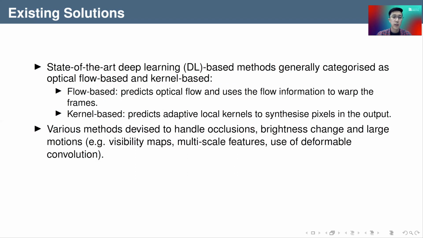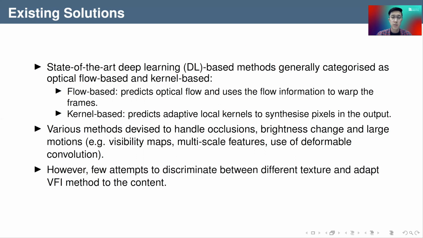Throughout these methods, various components have been devised to handle occlusions, brightness changes, and large motions. However, few attempts have been made to discriminate between different video texture and exploit the different performance of the models on different textures and adapt the methods to the content.